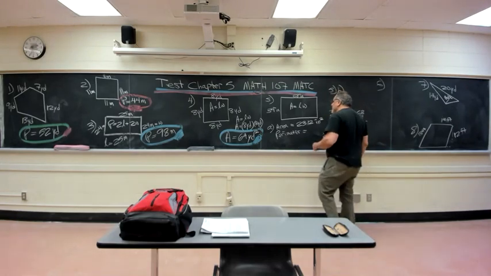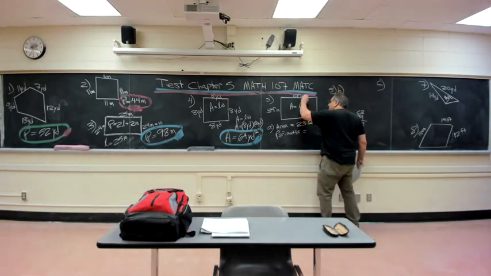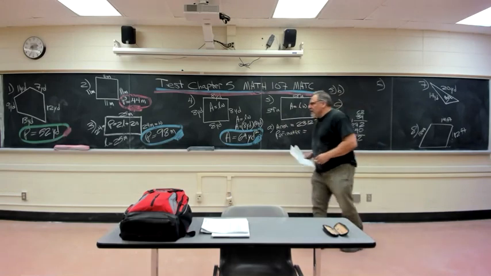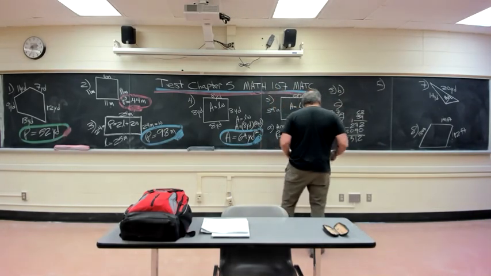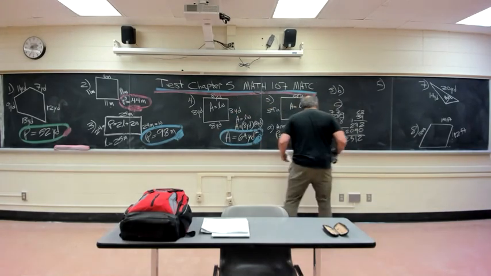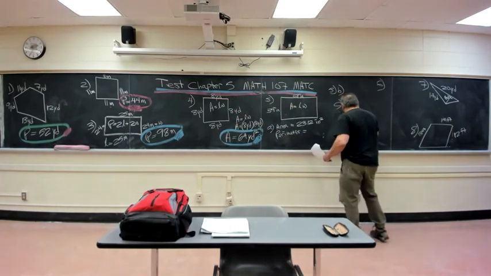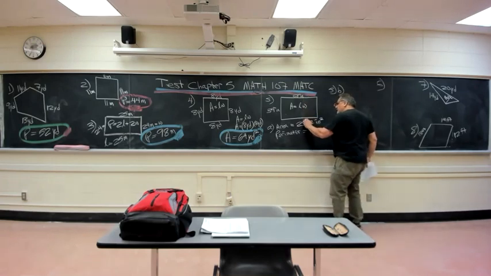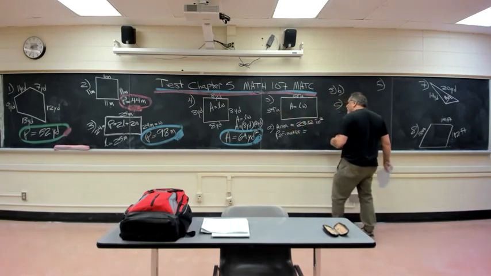The perimeter's a lot easier. If you got 68 and 68, that's 136. If you got 34 and 34, that's 68. So 136 plus 68 is 204.